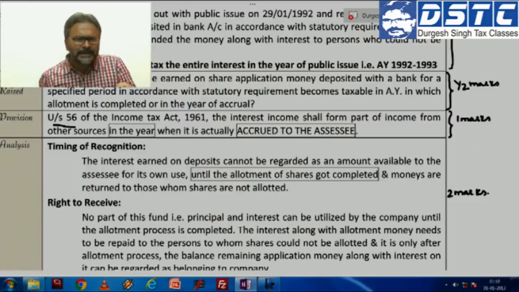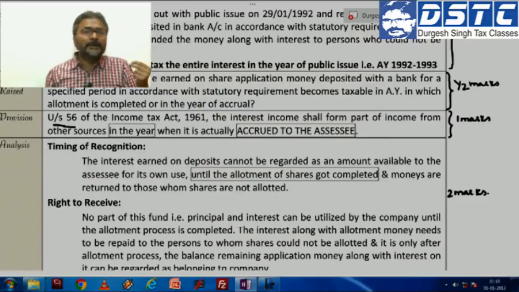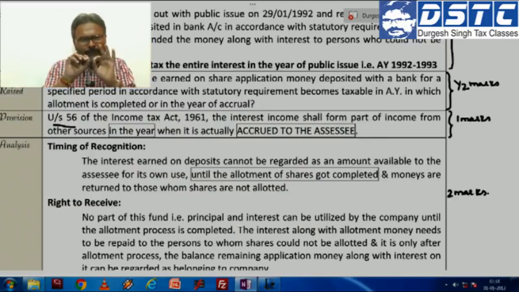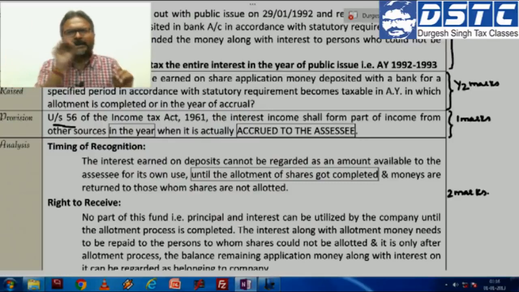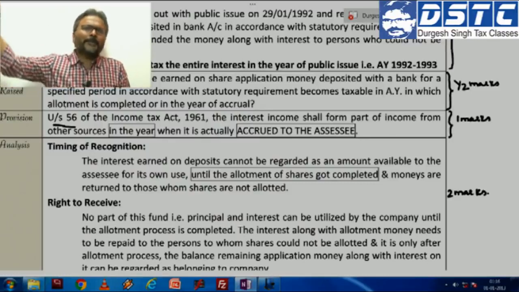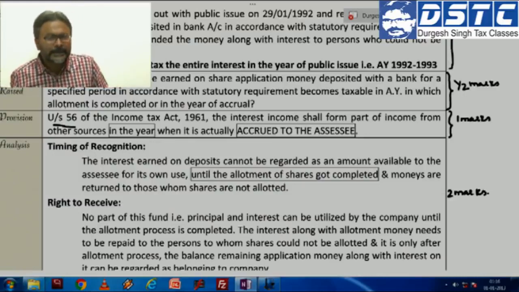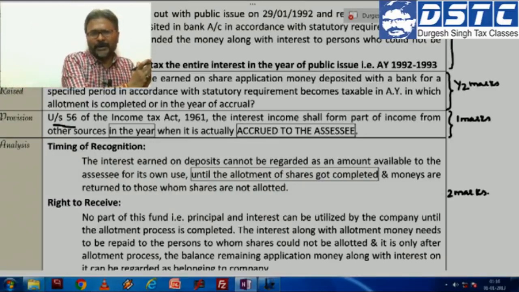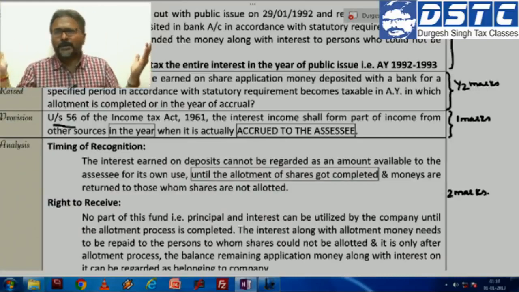The issue which has been raised can easily be deciphered from the question that they have drafted. So you have to draft the issue: whether the interest which has accrued on that particular amount which has been deposited will be charged in the hands of the company in the previous year, although the allotment of the shares has not been made?